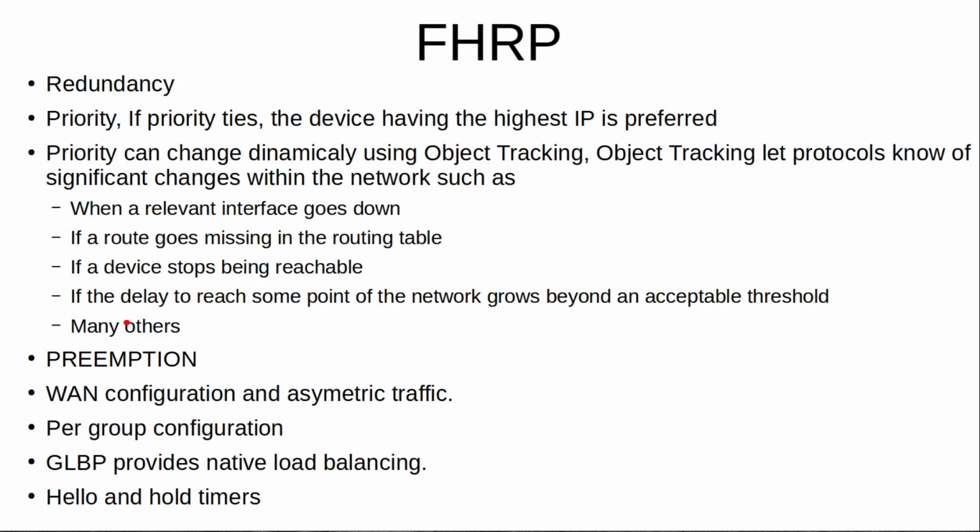There is another protocol that was designed with load balancing in mind, which is the GLBP. This will provide you with load balancing across up to 4 devices using one of 3 different methods.